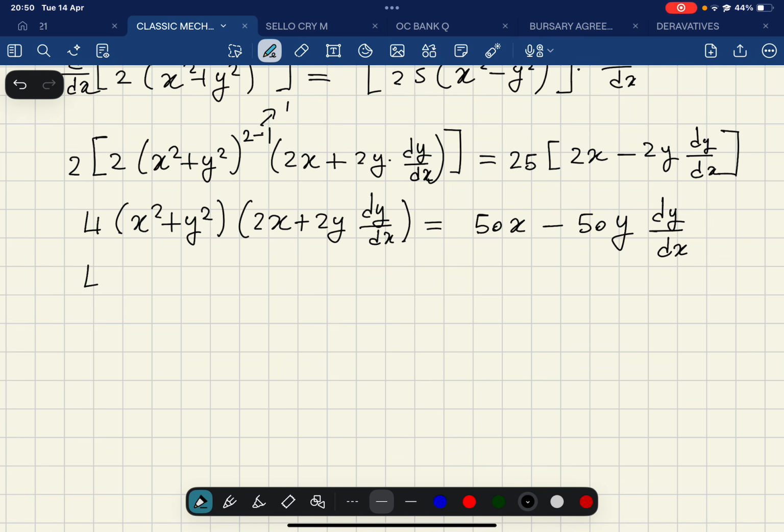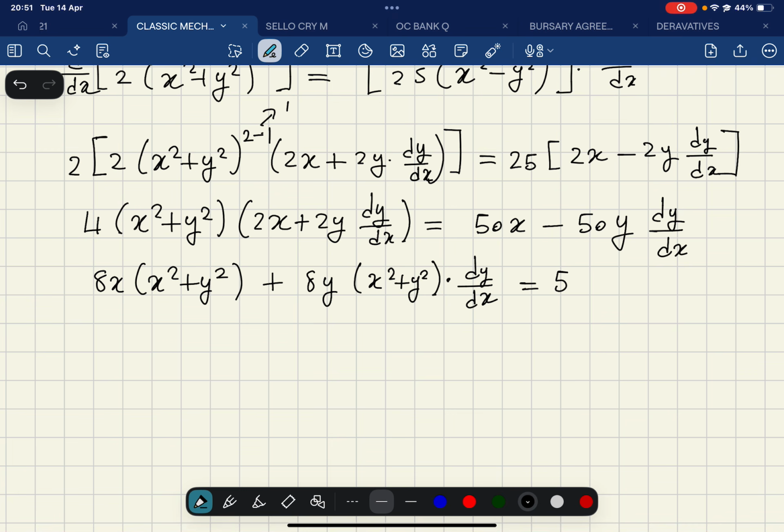When I distribute, I will have 4 times 2, which is 8x into x squared plus y squared plus that side is going to be 8y into x squared plus y squared multiplied by dy over dx, which is equal to 50x minus 50y, the dy over dx.